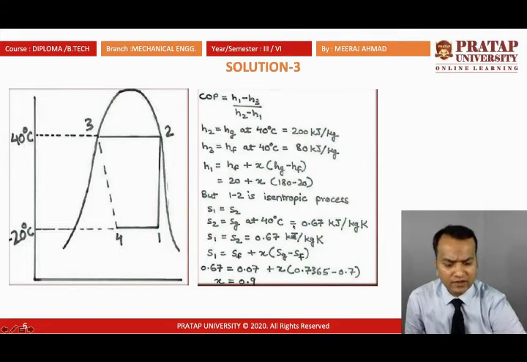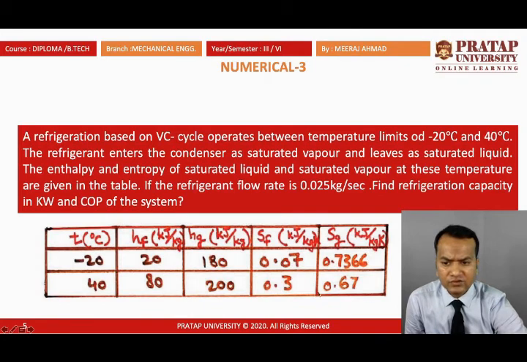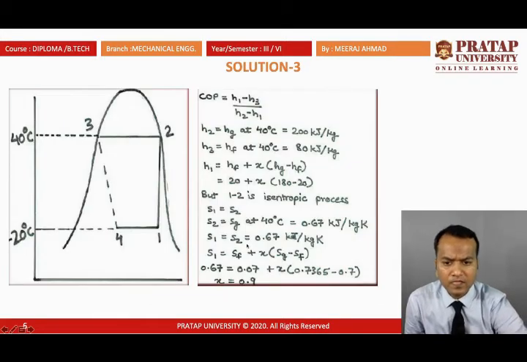From the table you find that S2 at 40 degrees Celsius is 0.67. So S2 is given, which is equal to the Sg value at 40 degrees Celsius. It is given in the table. So S1 is equal to S2, which is this value, because an isentropic process is there.